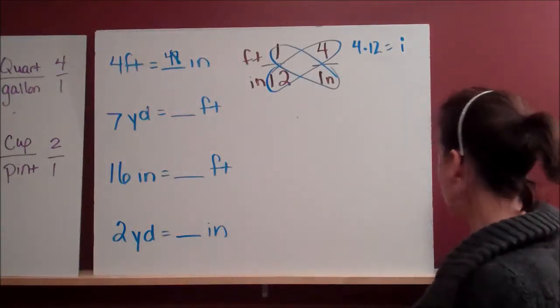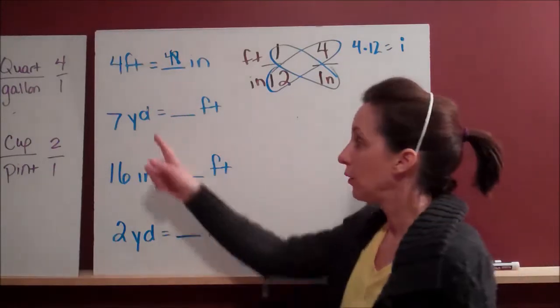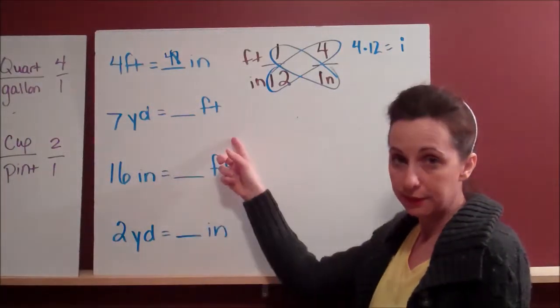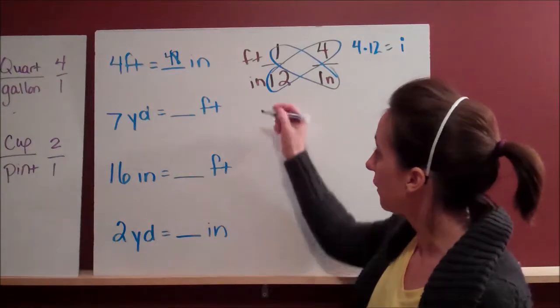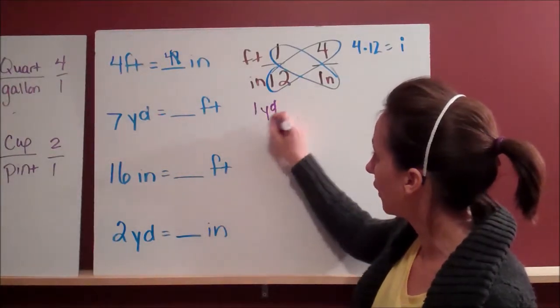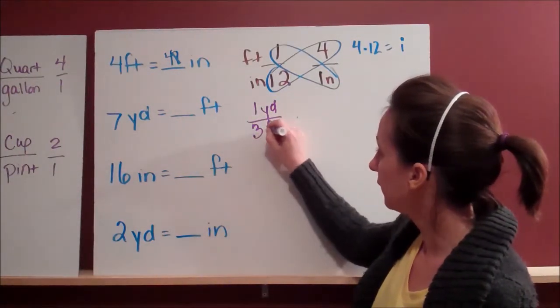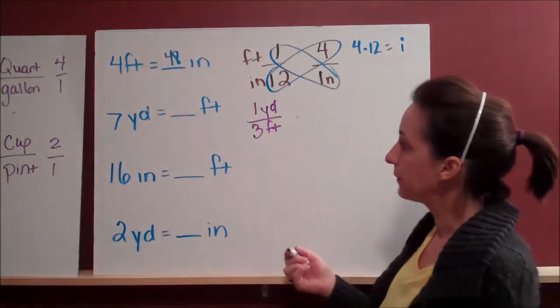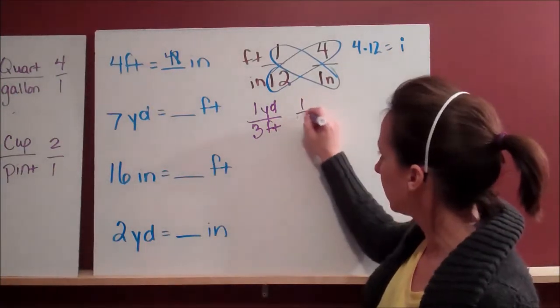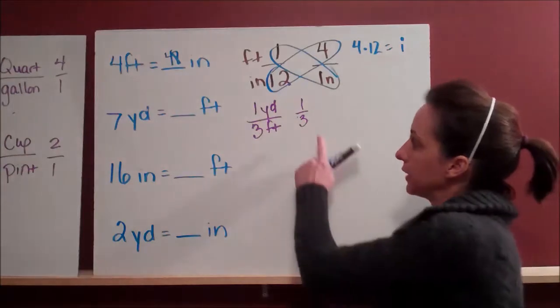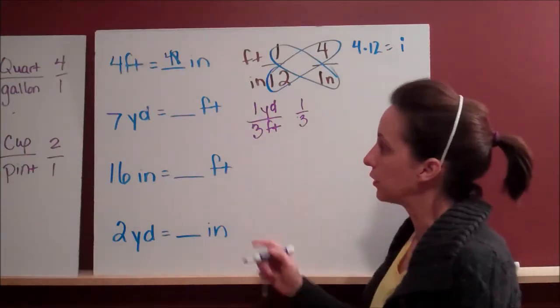Let's try another. Start with what you know. What's the ratio of yard to feet? We know that there is 1 yard for every 3 feet. Now sometimes you write it like this. I typically write it like this so I can see the relationship between the numbers.